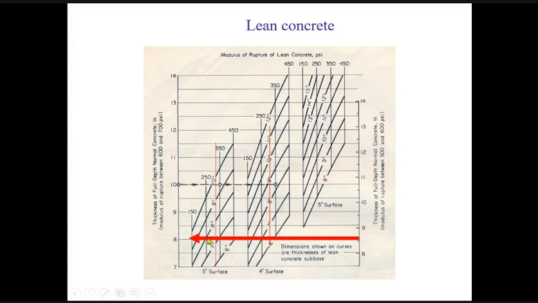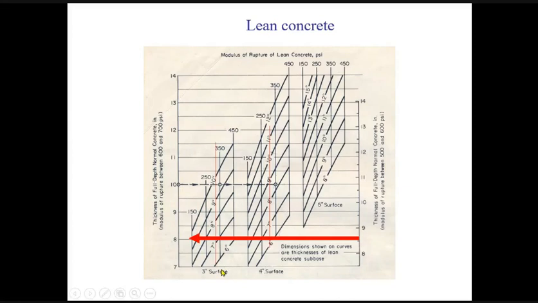Remember, my final thickness also depends upon how good my lean concrete is. If I'm using, say, 450 lean concrete, then I can have 6 inches of main concrete with 3 inches. Or if I'm using 350, I can have 7 inches with 3-inch lean concrete.